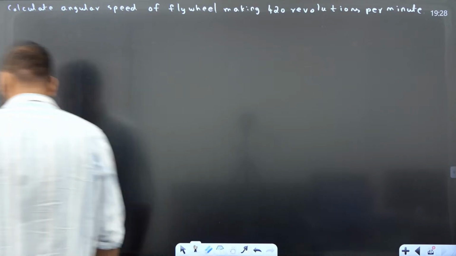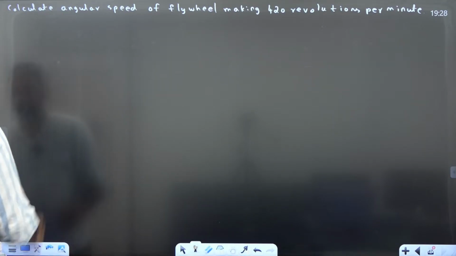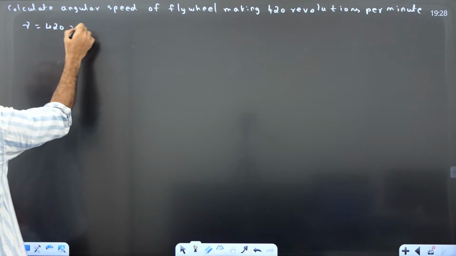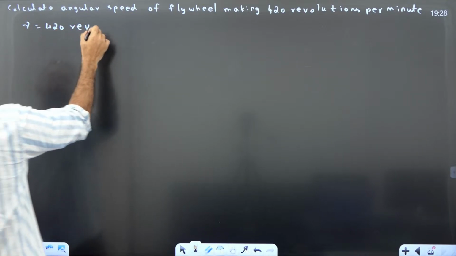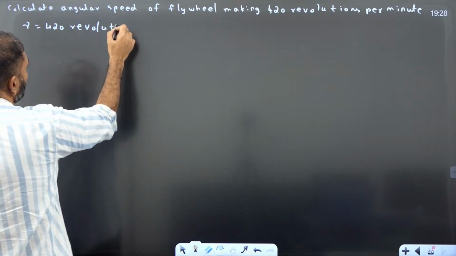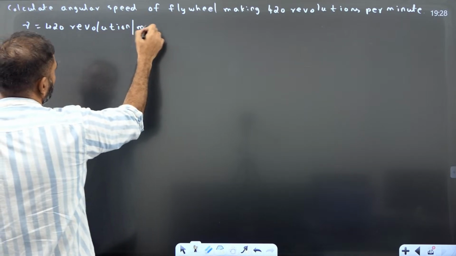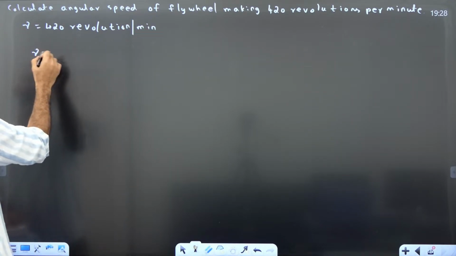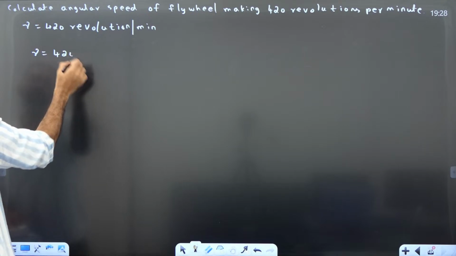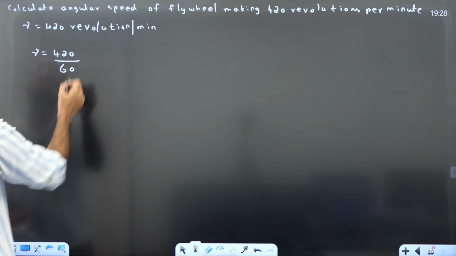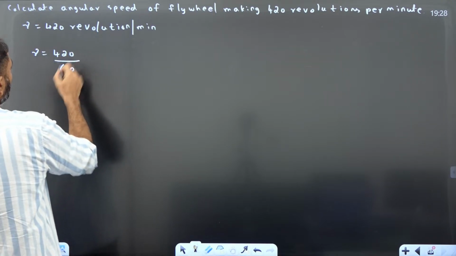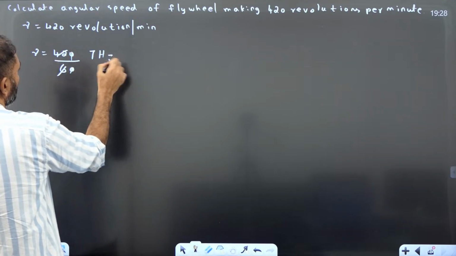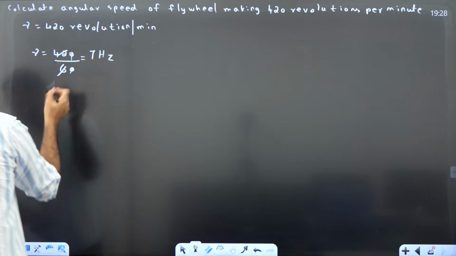Pay attention. n is equal to what? 420 revolutions per minute. Revolution and rotation both are the same. Now, n is equal to what? 420 by 60, we have to convert that to seconds. That means 7 hertz is the frequency.